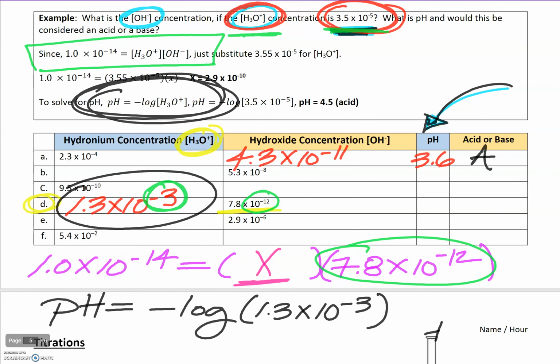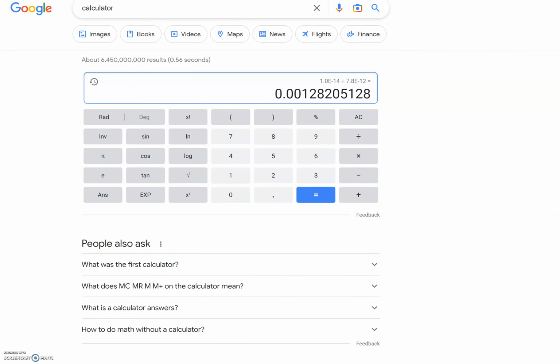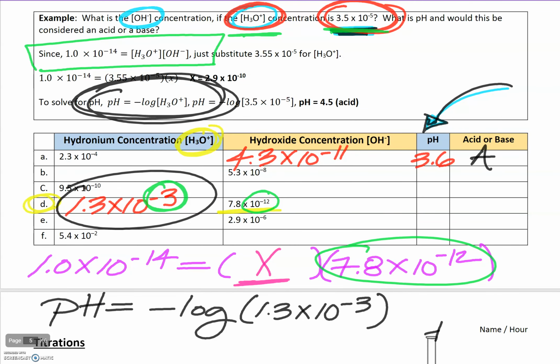All right, so let's plug that in our calculator. We're going to hit the log button, 1.3 to the negative third. We hit enter. We get negative 2.8. I'm going to make that 2.9. I'm going to drop the negative sign. So right here, I'm going to put 2.9. It's less than 7. So I would go ahead and say this one is also an acid.